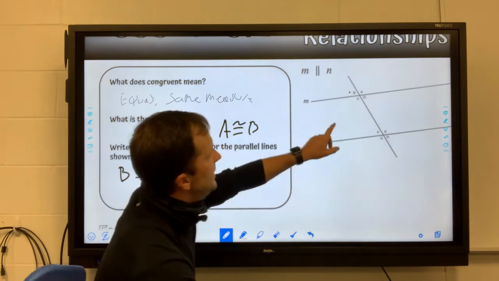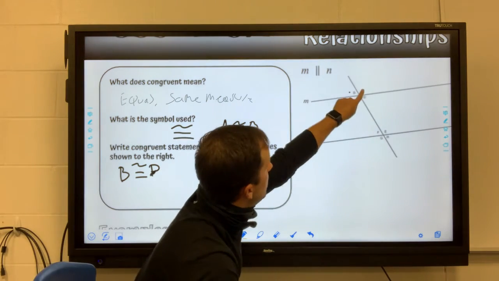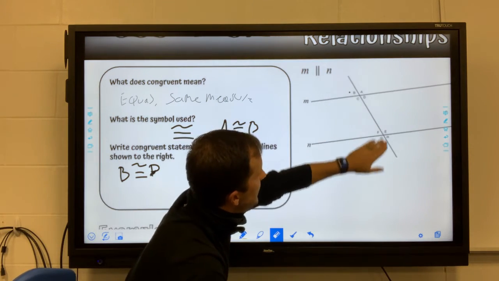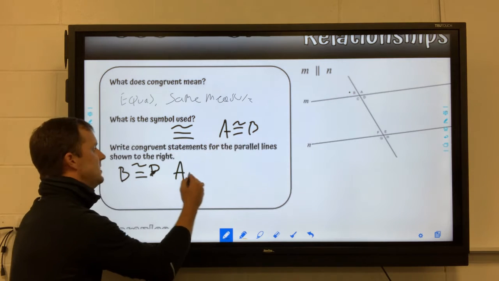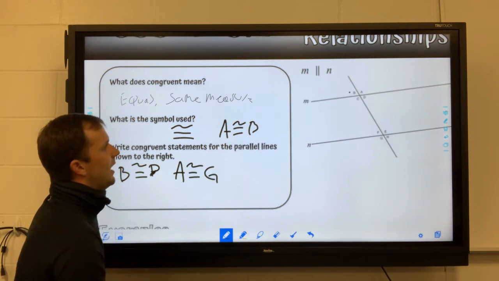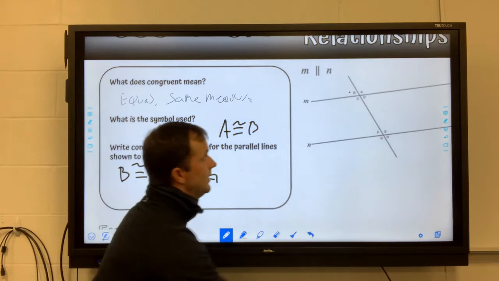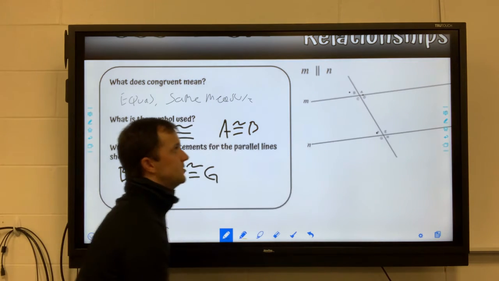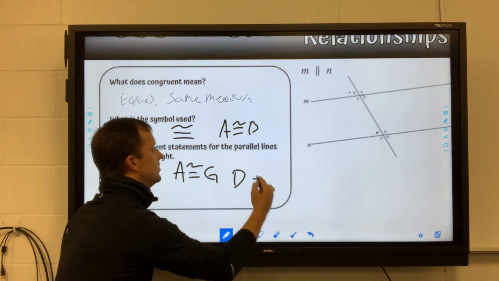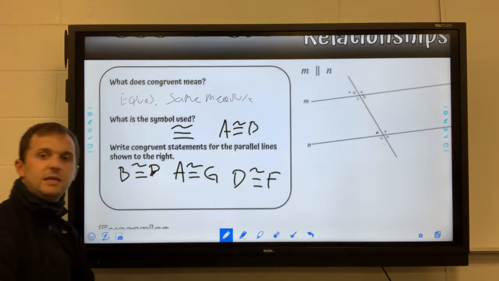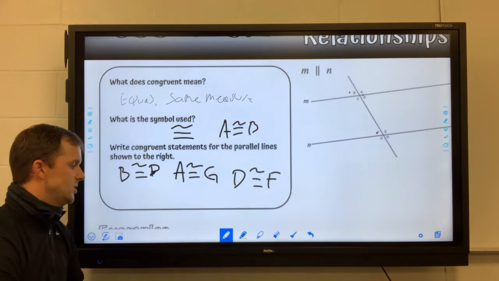I know alternate exterior angles are congruent, so A and G are going to be congruent, so A is congruent to G. One more example, alternate interior angles are congruent. D and F are alternate interior angles, so D is congruent to F. Basically, if they're equal, they're going to be congruent to each other, okay?